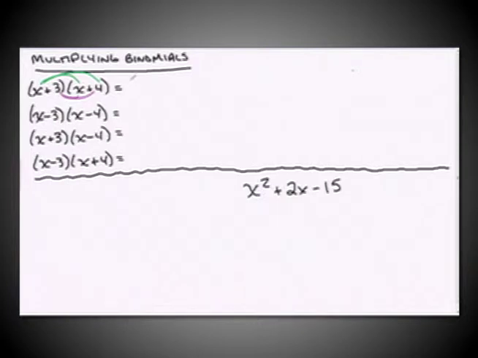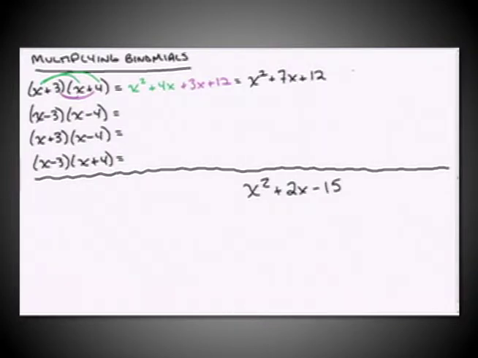So for x plus 3 times x plus 4, we get x squared plus 4x plus 3x plus 12, which when we combine like terms leaves us with x squared plus 7x plus 12.